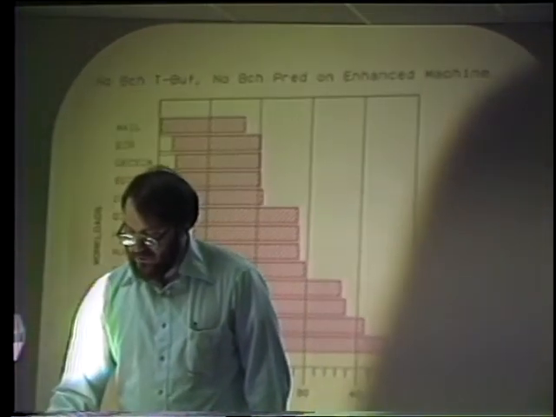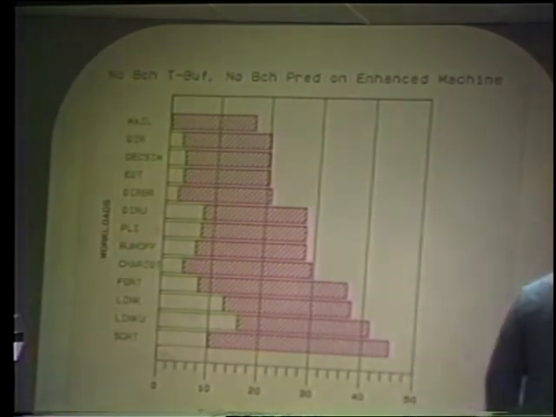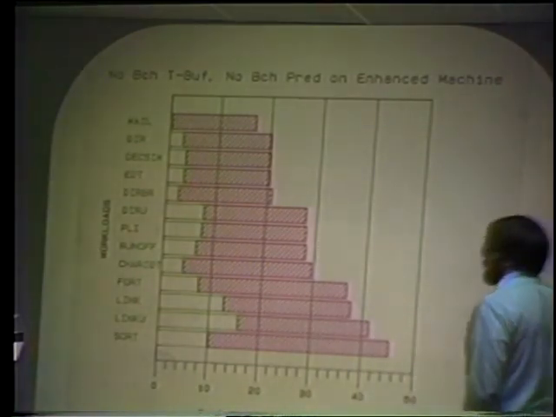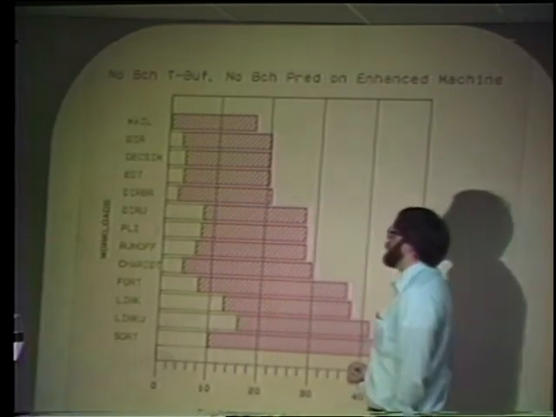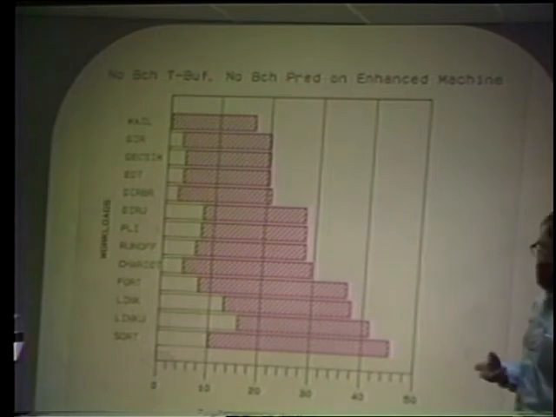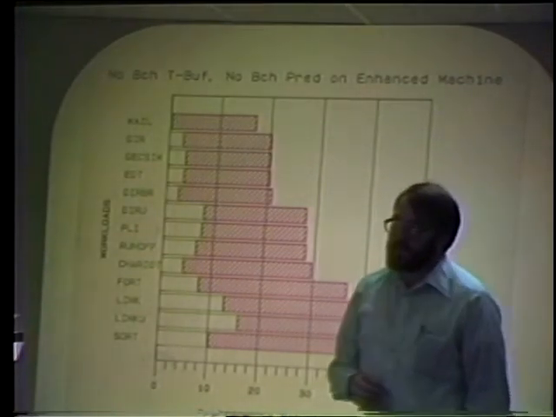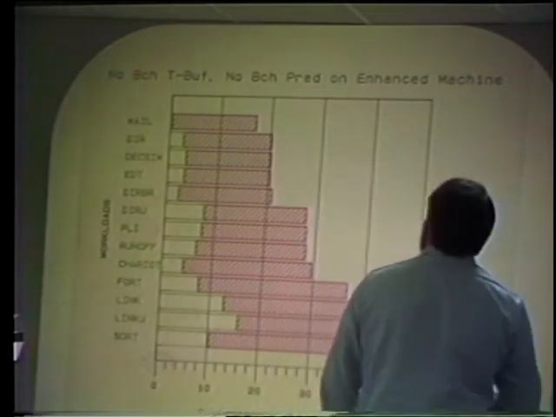Okay, this slide looks at no branch target buffer, and then incrementally. So in this case, we have branch prediction. This is the white portion. The branch prediction, but no branch target buffer, means we're going to have to wait a couple cycles at minimum to get the new stream. And the outer envelope is no branch prediction, which means also no branch target buffer.